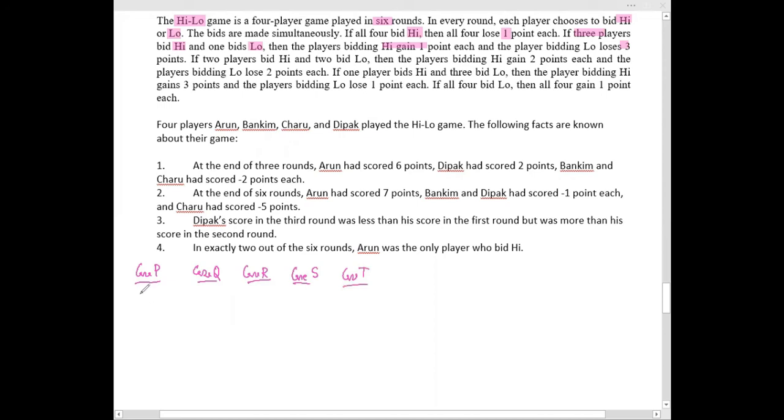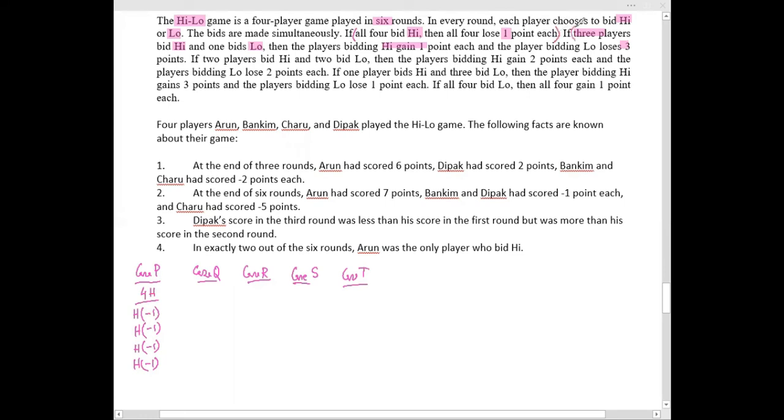Case P is talking about 4 high, and due to all high, they are receiving -1 each. This is our first case: if all four bid high, then all 4 lose 1 point each.